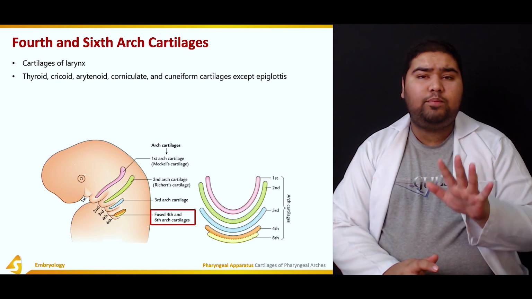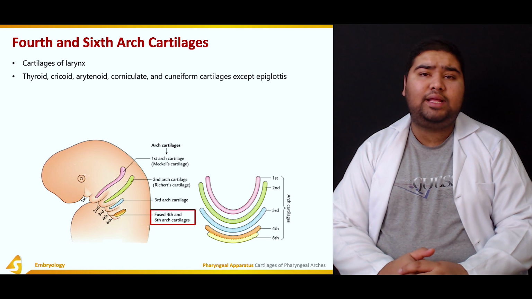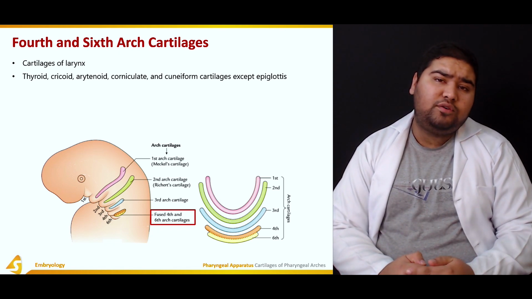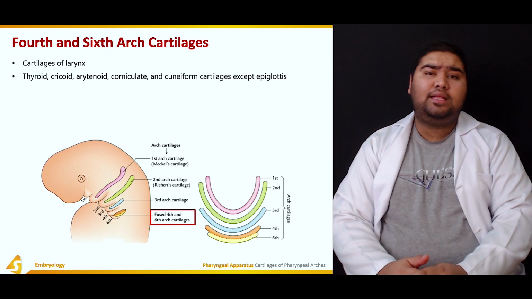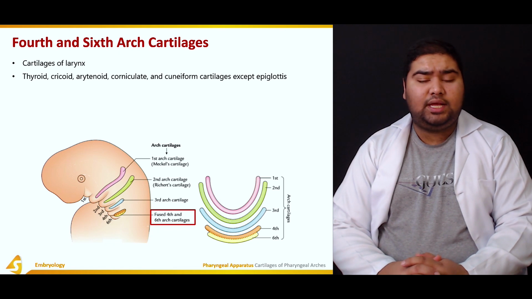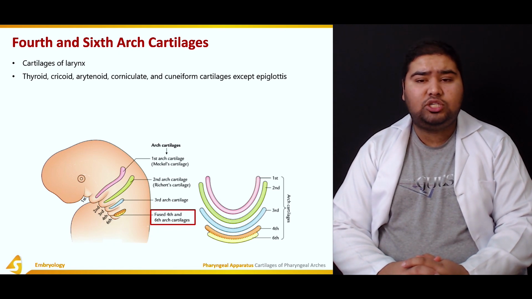So five important cartilages are formed by the cartilages of the fourth and sixth pharyngeal arches, which fuse with each other. They come to lie together.